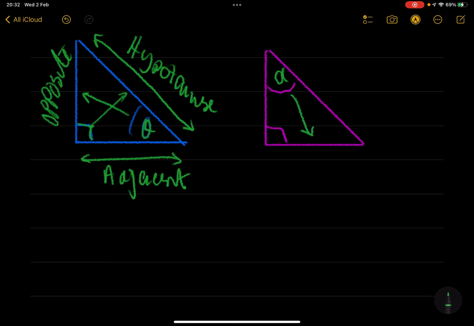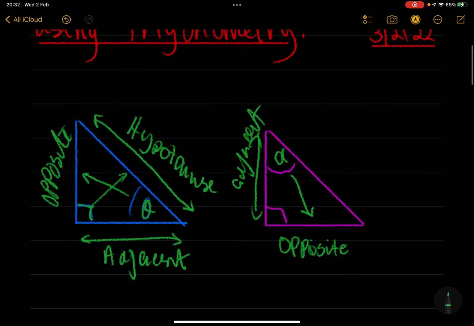So the idea is that your opposite this time is actually your furthest away from the alpha. Your adjacent is the one that connects them together. And your hypotenuse actually stays the same. Your hypotenuse is always opposite the right angle, the furthest away from the right angle.